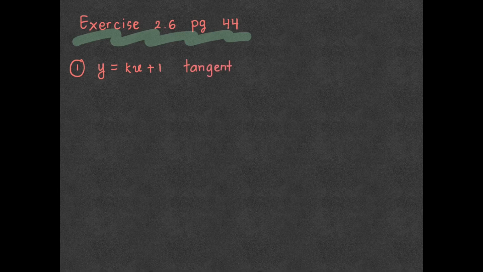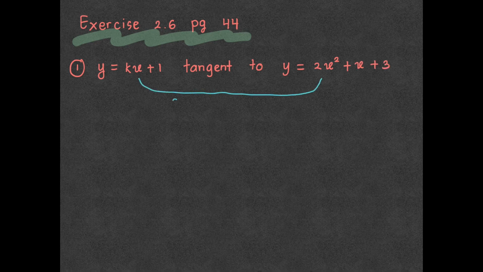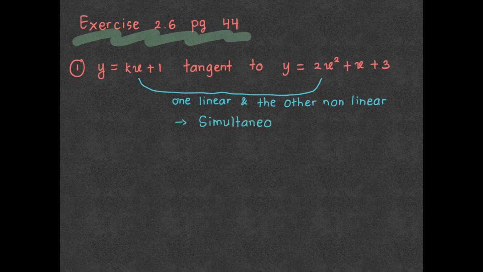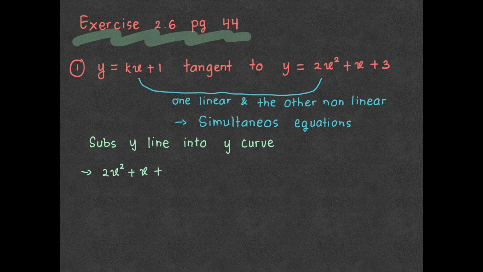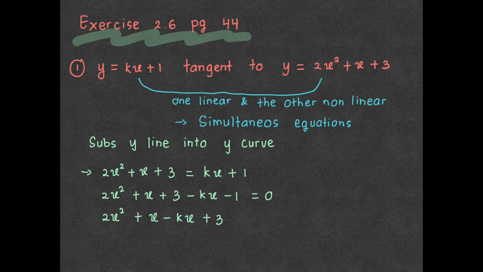Next, exercise 2.6, page 44, number 1. You are given a line and a curve. The line is the tangent to the curve. Do you remember how to solve the simultaneous equations between one linear and one non-linear equation? Yes, we use substitution. Substitute the y from the linear into the y from the curve. Rearrange so your right-hand side is equal to 0. Collect the same terms and simplify.